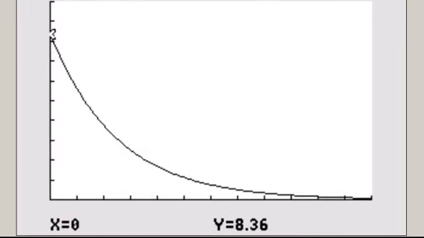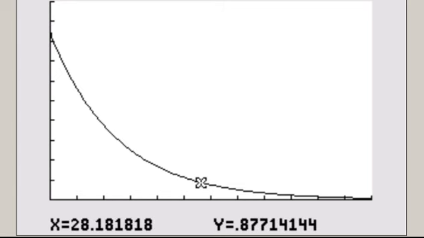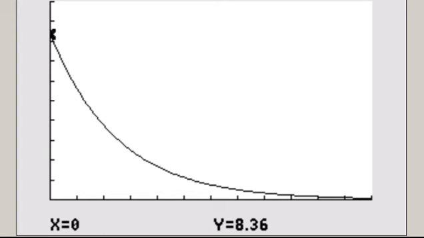And what we're going to do then is trace along the graph, this L1, L2, until you get to that half-life. So your data have all different values here. And if you start at the beginning, again, my initial value is 8.36. You have something else.